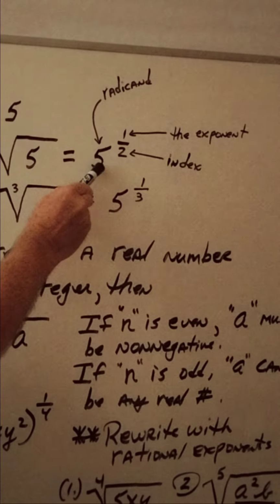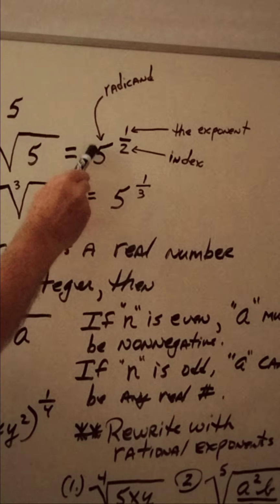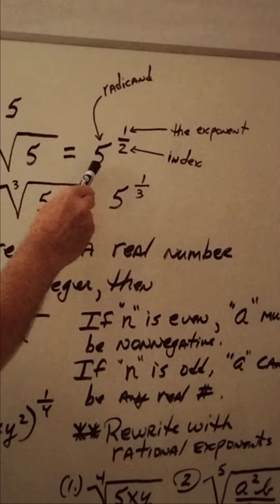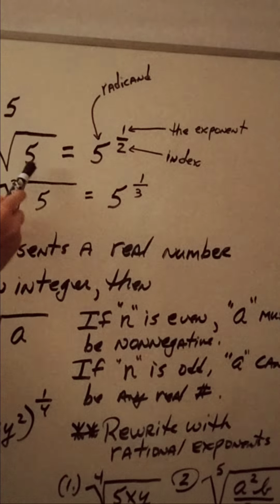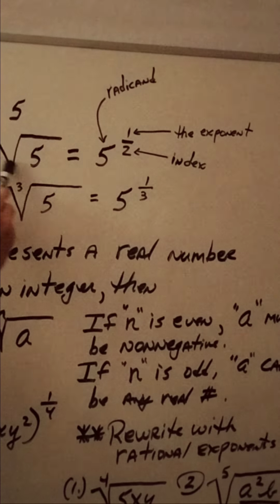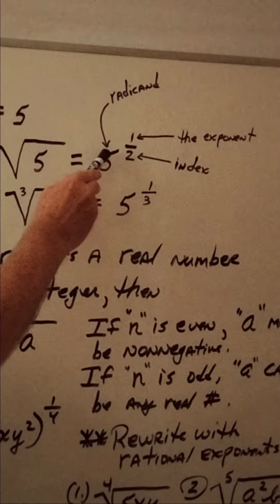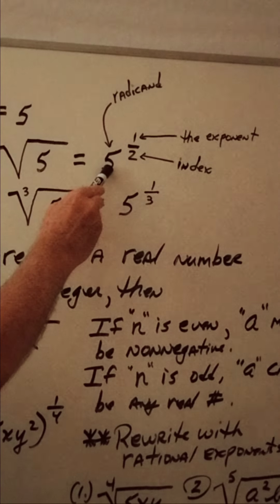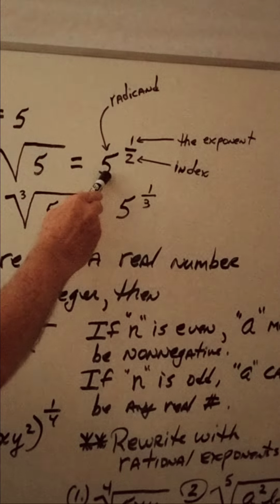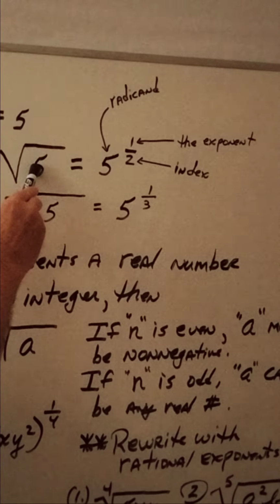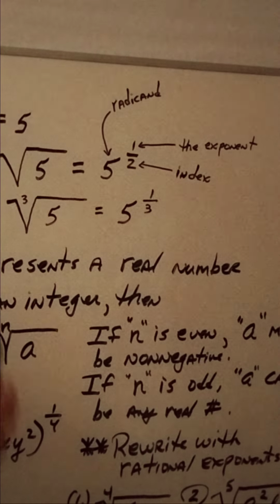The base of 5 happens to be called the radicand of the radical expression. The base of the exponential expression is equivalent to the radicand of the radical expression.